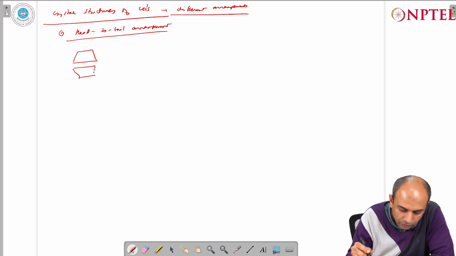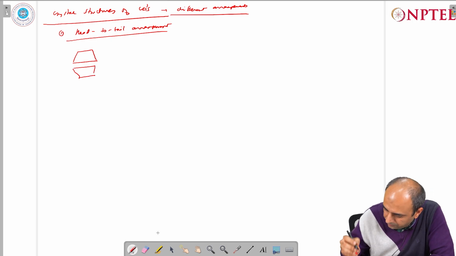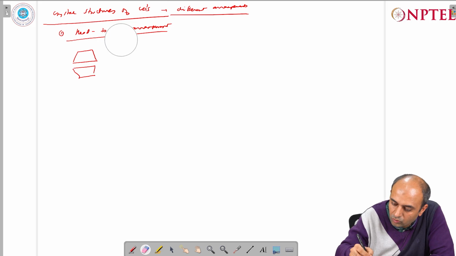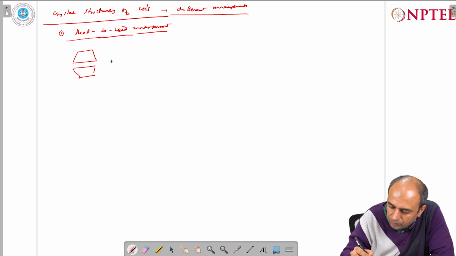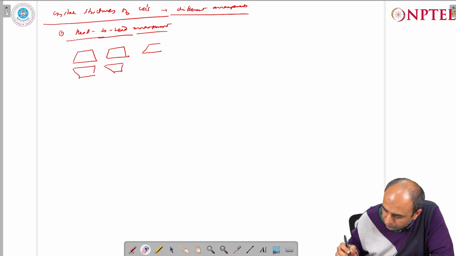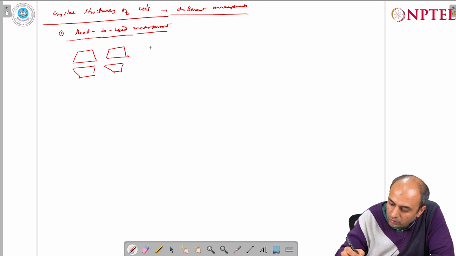To start with, I would first represent the head to head arrangement. So you can see here that this is the head, this is the tail, this is the head, this is the tail.